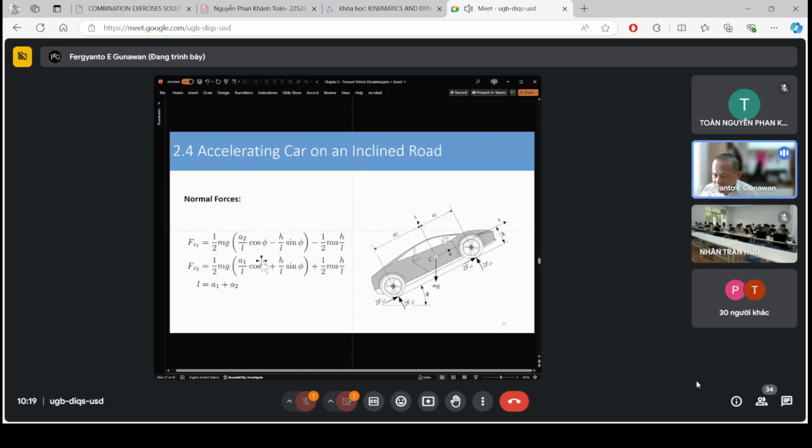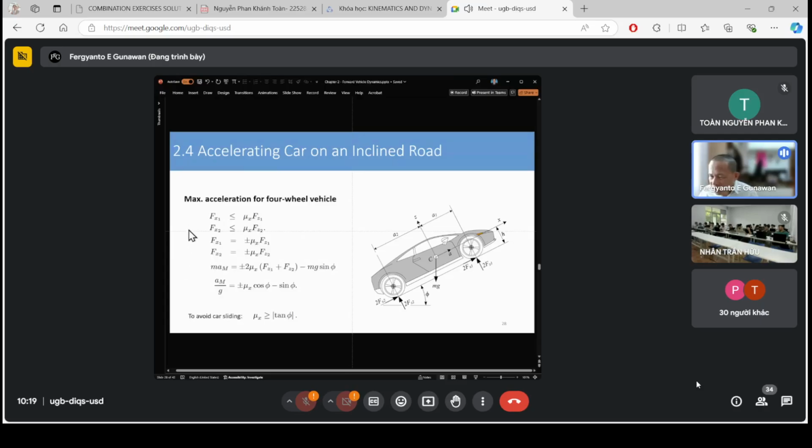And this is on the inclined road: the normal forces Fz1 and Fz2, and the conditions of the maximum acceleration for four-wheel drive on the inclined road. This is the condition for avoiding sliding of the car, and to avoid sliding, it should be within this angle, right?